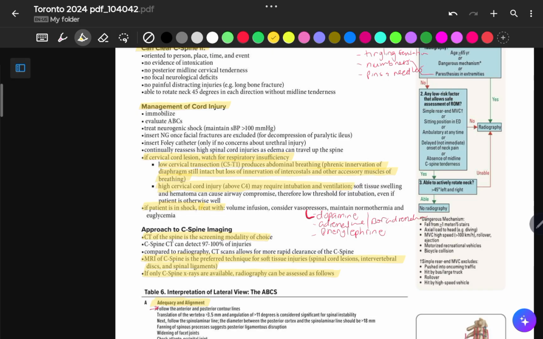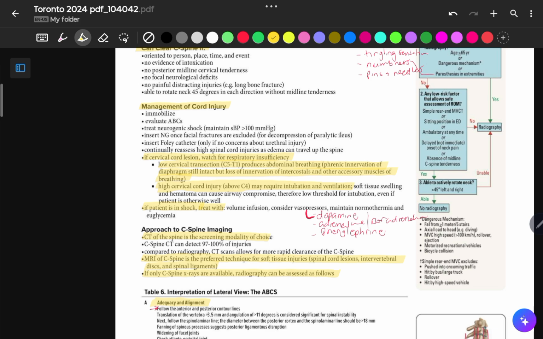So in a patient with injury at C4 and above, you want to intubate before they deteriorate, because tissue swelling and hematoma will end up compromising the patient's airway.